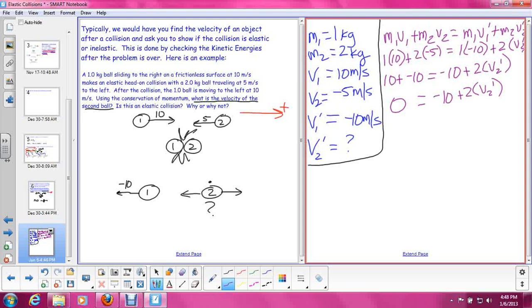Add 10 to both sides, we get 10 is equal to 2 times v2 prime. And when we divide both sides by 2 to solve for v2 prime, we find that the final velocity of the second ball is 5 meters per second.